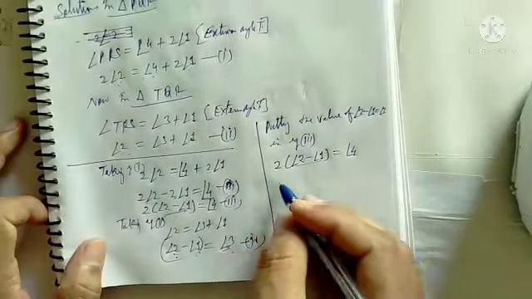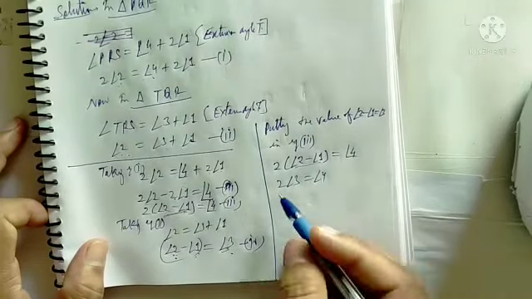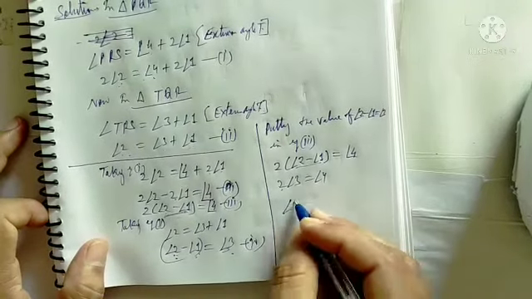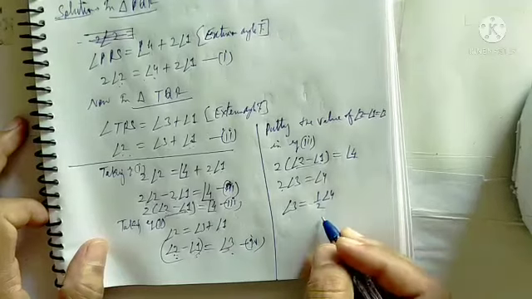So put it here in the place. So twice of angle 3 is equal to angle 4. Now this 2 will go down and divide. So angle 3 is equal to angle 4 upon 2.